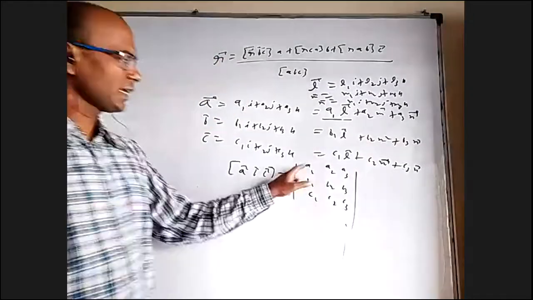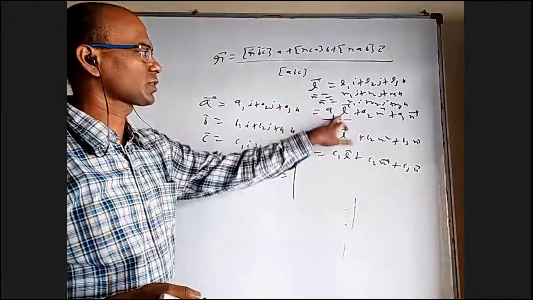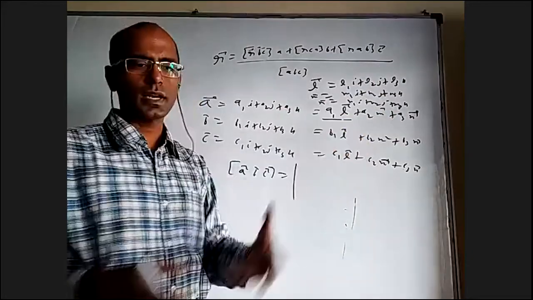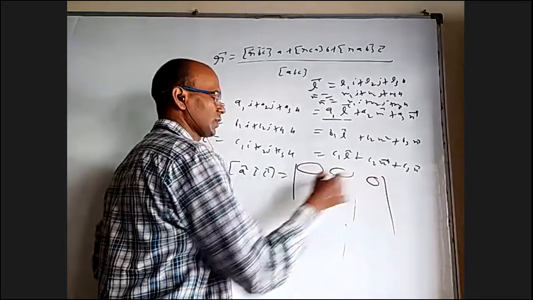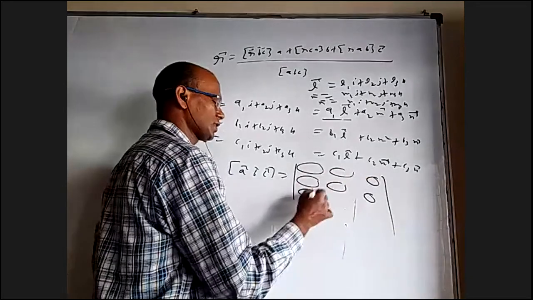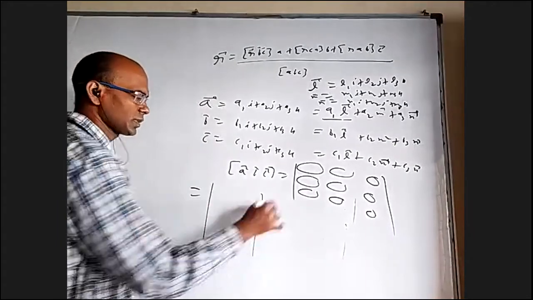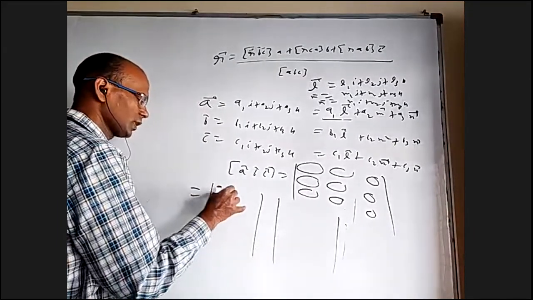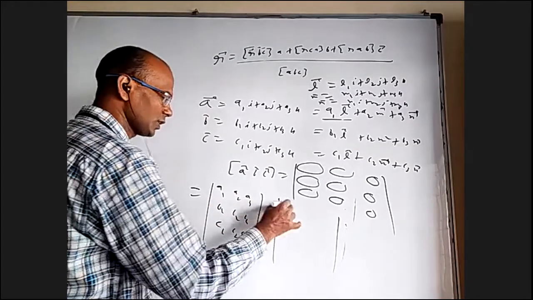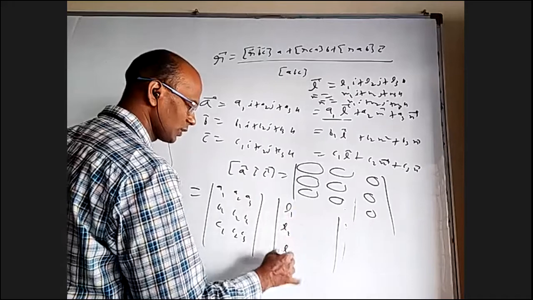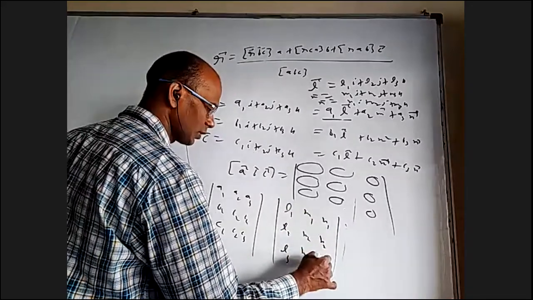If you really write box ABC in terms of IJK, where you substitute L bar, M bar, N bar, all the details, and write what is A bar, the three big things, and B bar, three big things, and C bar, three big things, we can easily understand based on the product of determinants that it is actually A1, A2, A3, B1, B2, B3, C1, C2, C3. Here L1, L2, L3. Here M1, M2, M3. Here N1, N2, N3.